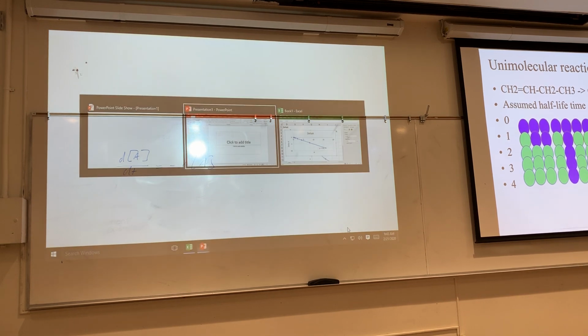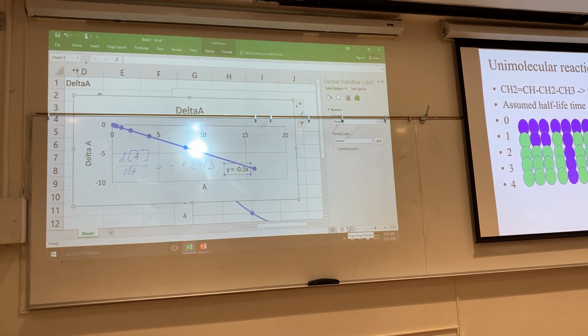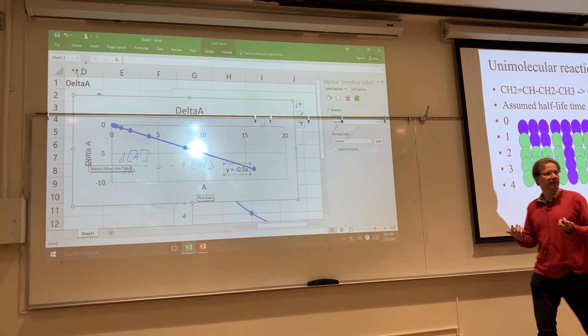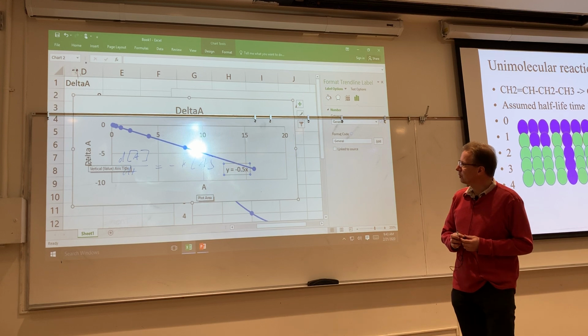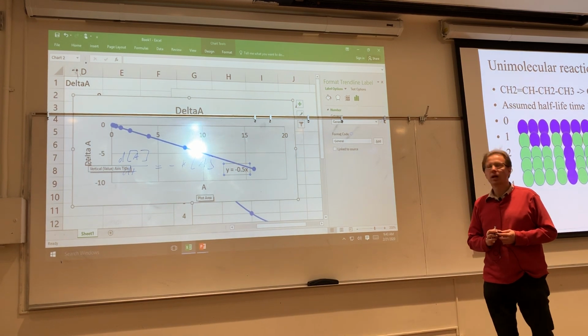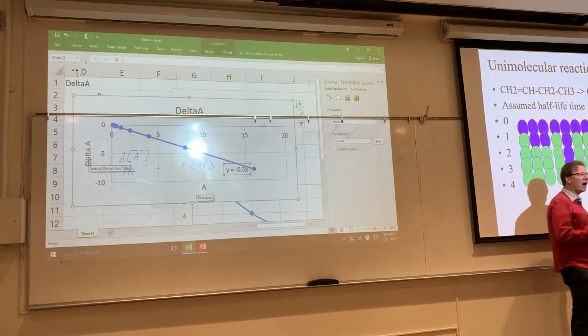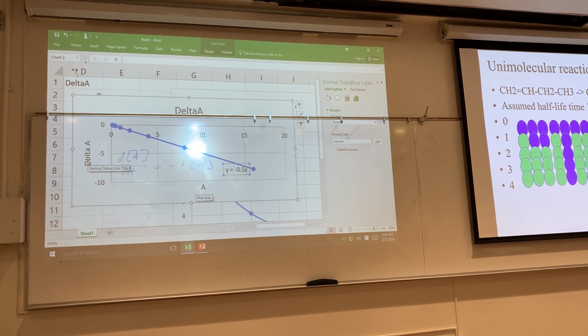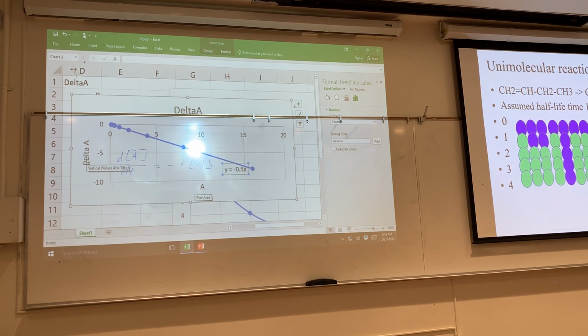So the x-axis was the concentration of A, and the y-axis is delta A, or really something which has to do with the slope, so dA by dt. And it was 1/2 what we got out of it. But 1/2 is a number, so k is a positive number, and we got the minus sign.